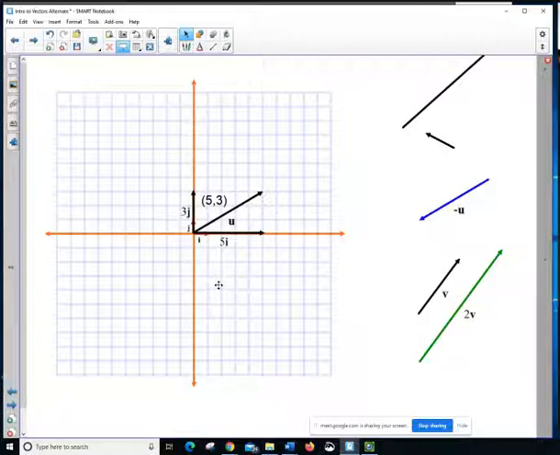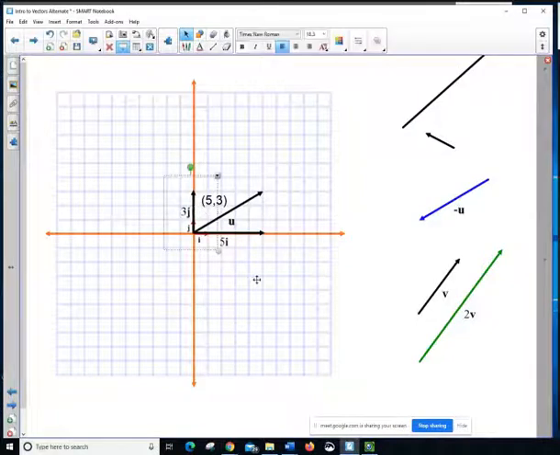And what am I going to do with 5i and 3j in order to produce this vector 5, 3? What am I now going to do with these 2 vectors? You're just going to add them. And just to be sure that we see that, you can think of it as addition.